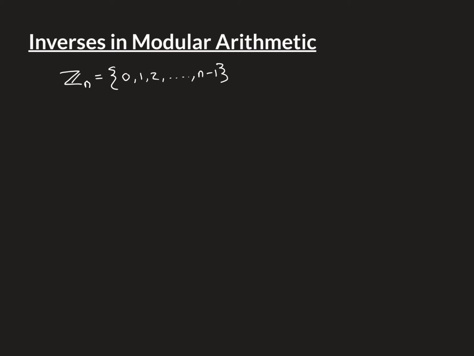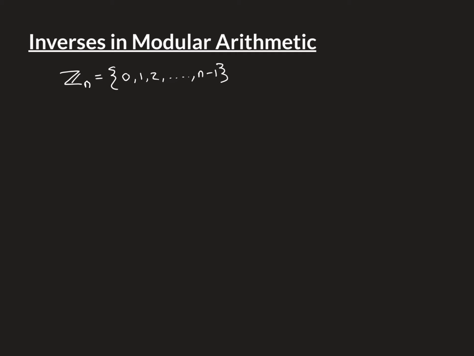You'll get some answer in the integers, and then you ask what congruence class that answer is in, and that congruence class will be represented by something back over here, and that will be the answer to what your two elements added or multiplied together is equal to in our integers modulo n number system.